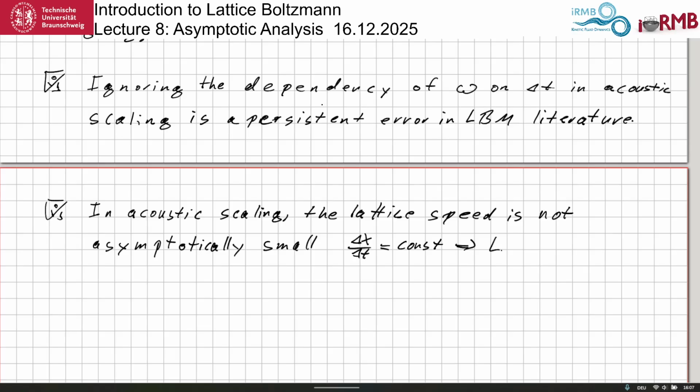So this is a big problem because LBM does not converge under acoustic scaling.